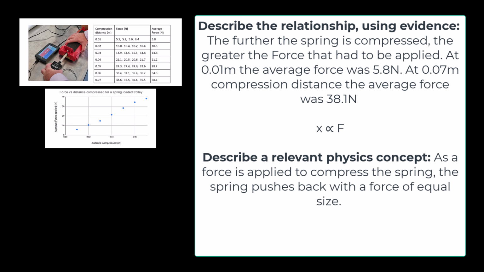Here I've got a description of the relationship using evidence, and it's important to point out that using evidence in the standard means that you can do it with your raw data, not your processed data. But I would always recommend using your processed data, because to get a grade beyond achieved, you need to be referring to processed data, which means that you've either worked out an average, tabulated that data, or produced a graph of the data.